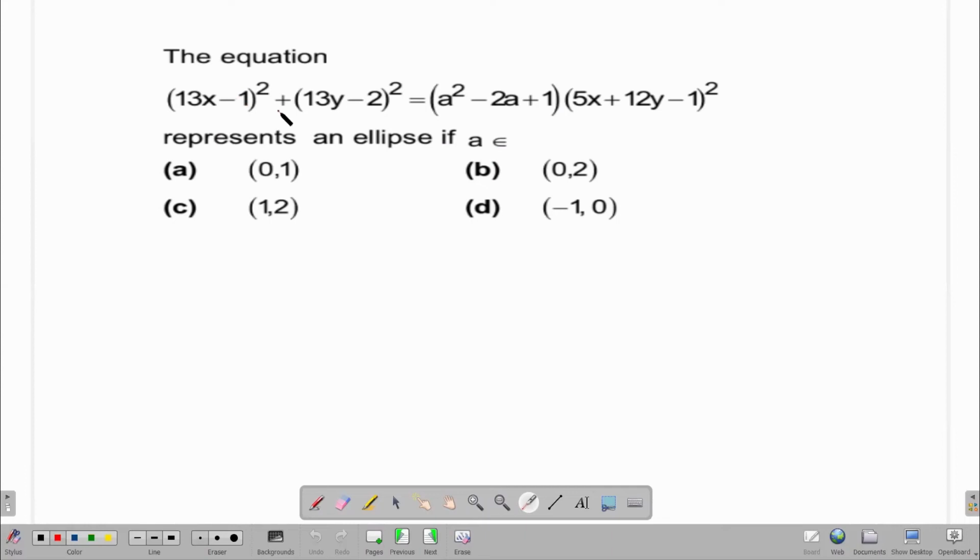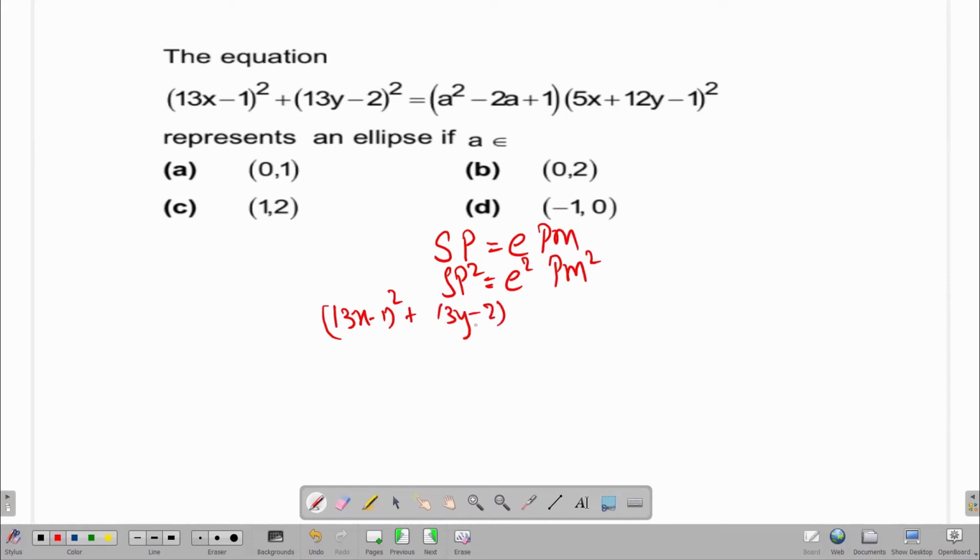If this is the equation of an ellipse, then it must satisfy the definition of an ellipse, and as we know, the definition is SP equal to e PM, or SP square equal to e square PM square. Here (13x minus 1) whole square plus (13y minus 2) whole square is equal to (a square minus 2a plus 1), and PM square is here (5x plus 12y minus 1) whole square.